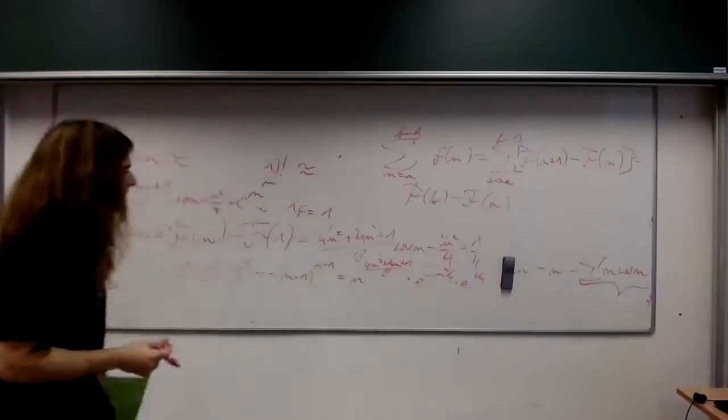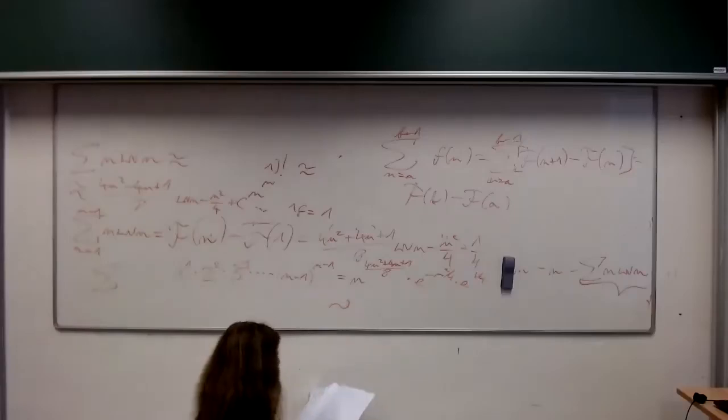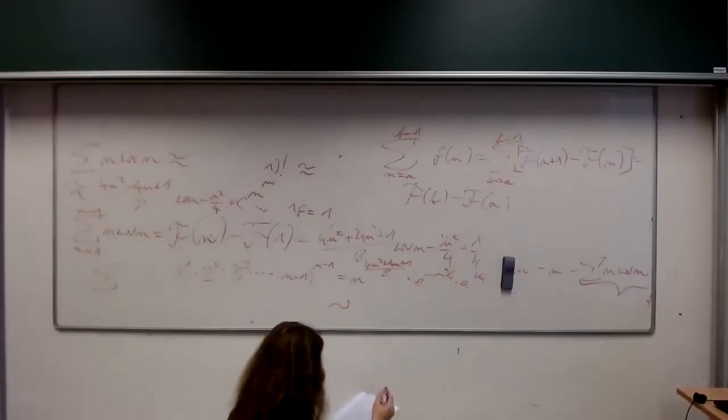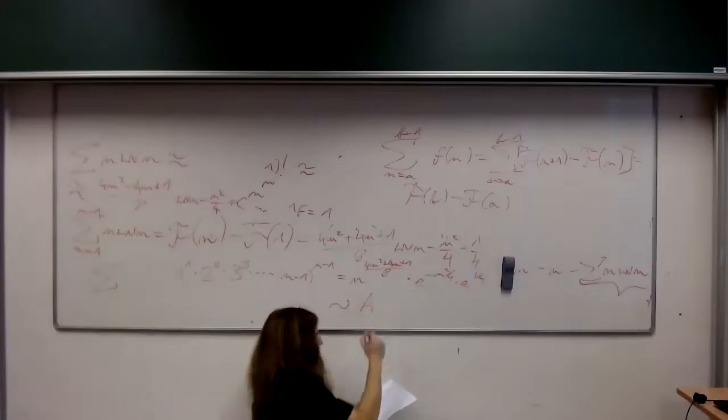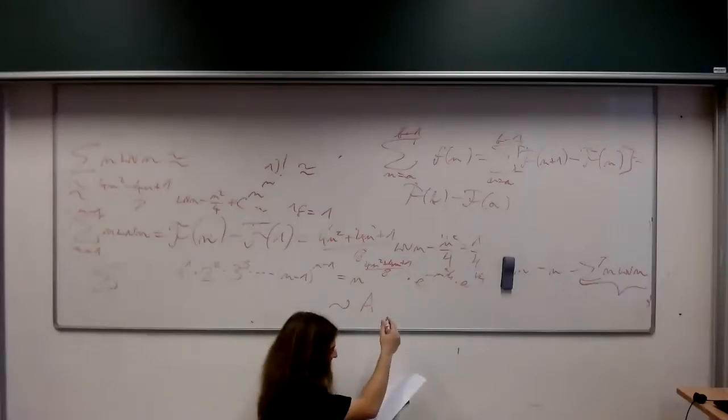And the real thing would be that it is asymptotically equal to some A, which is some weird number called the Glaisher-Kinkelin constant, just a weird constant.